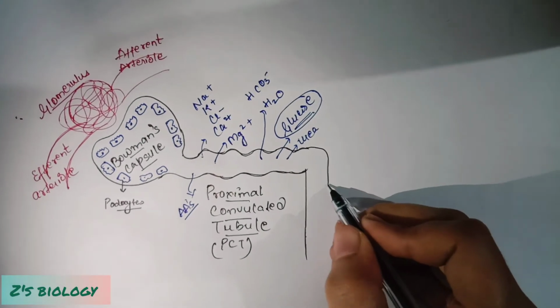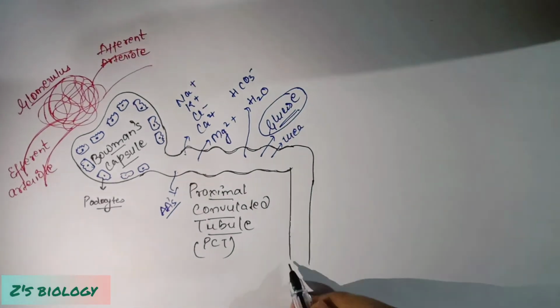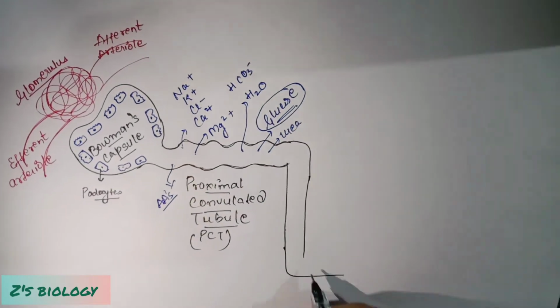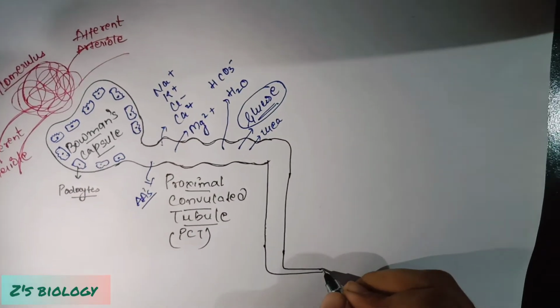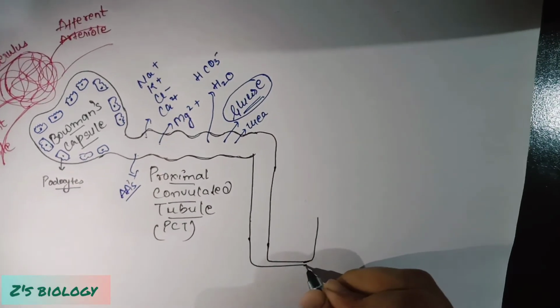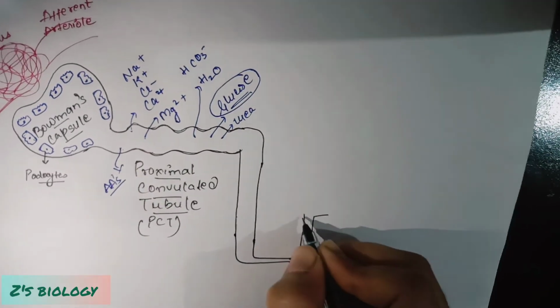The next structure in the nephron is the loop of Henle. Loop of Henle has three parts actually: the descending limb, then a hairpin bend, and then the thick ascending limb of the loop of Henle.